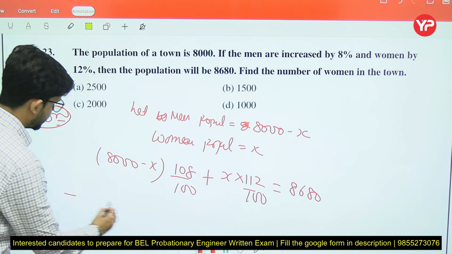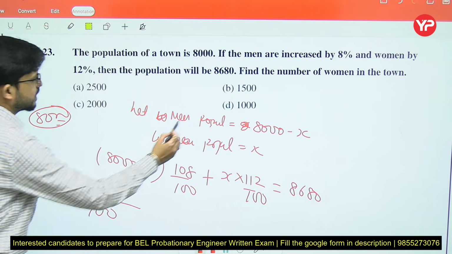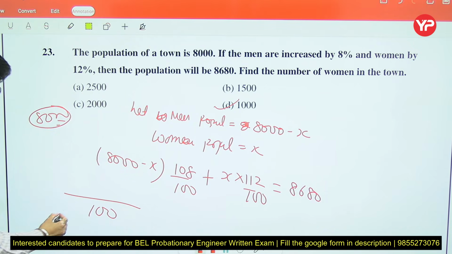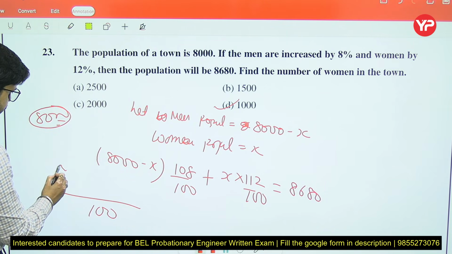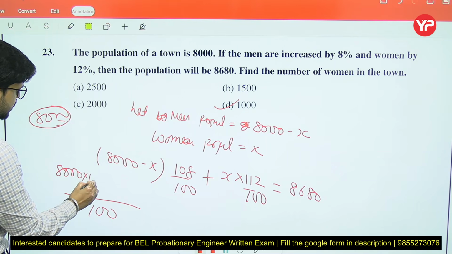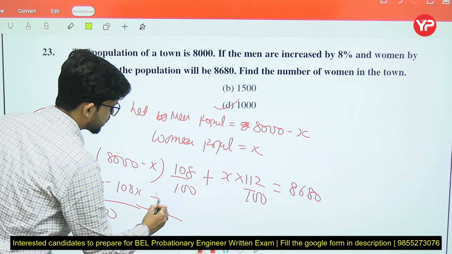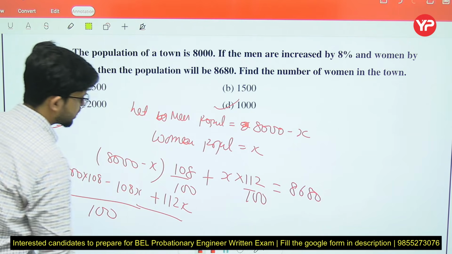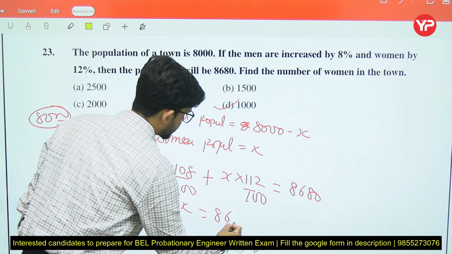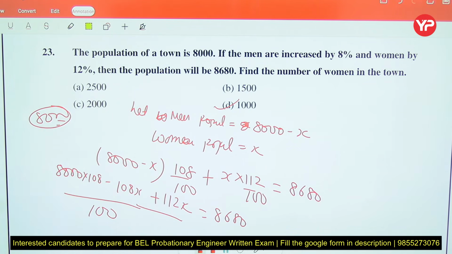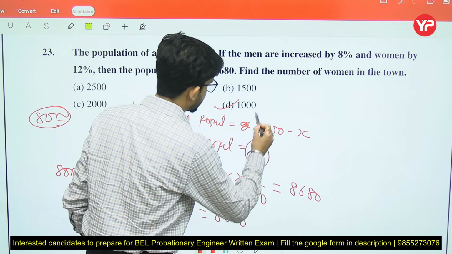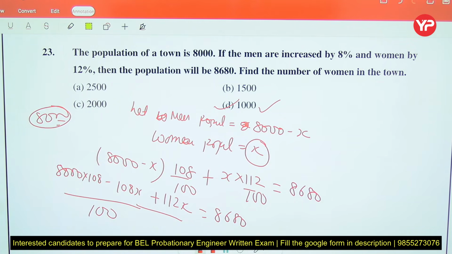Multiply 8000 into 108 minus 108x plus 112x is equal to 8680. So you will get the value of x is equal to 1000. So we know that women population is x, so our answer will be 1000. Okay? And the men population will be 7000.